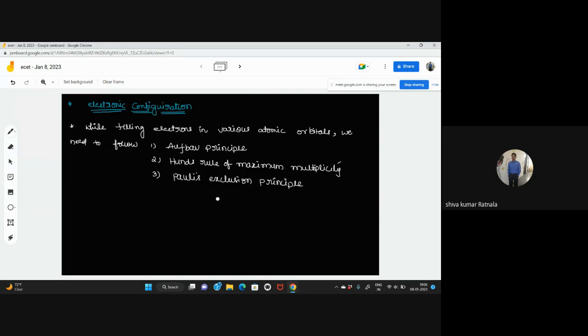Okay, we need to follow these three rules. So in that one, first one is Aufbau principle.